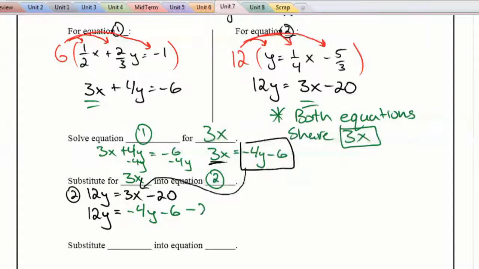And then I'm going to take away 20. So I've just substituted negative 4y minus 6 in where there was a 3x. Change that color to make it a little bit more obvious. All right.